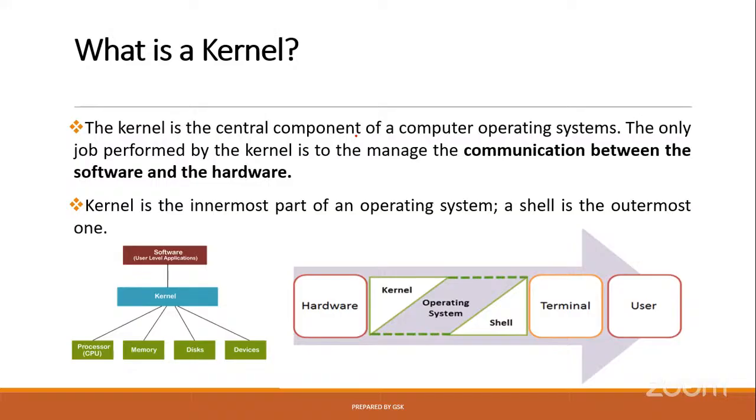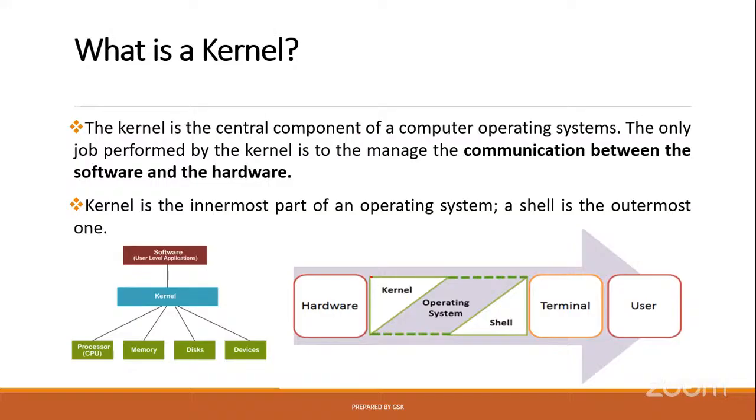Okay. Next one is kernel. This is a very, very important concept. Kernel is a central component of a computer operating system. In simple terms, kernel is a part of the operating system.